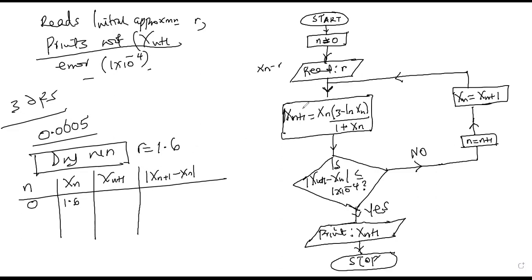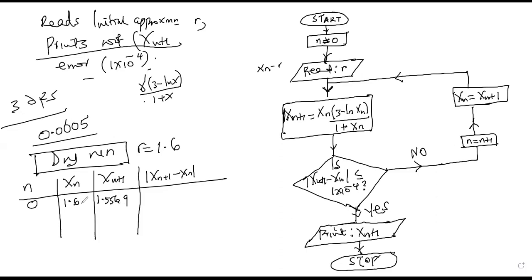I told you that the easiest means is to put it in the calculator so that you keep solving. One can put x on the calculator into 3 minus ln x, because the calculator may not have xn, then out of 1 plus x. Then you shift solve and you put the value 1.6. If you put 1.6, you're likely to get 1.5569.